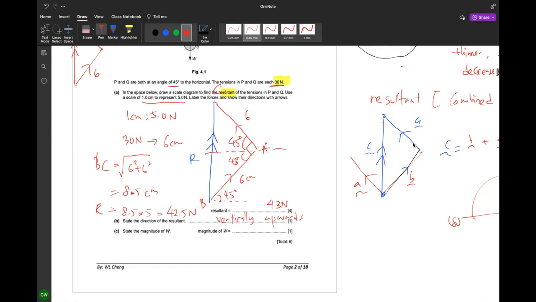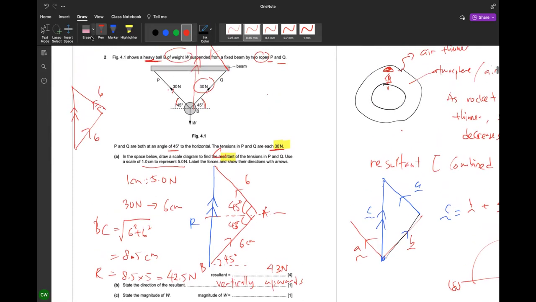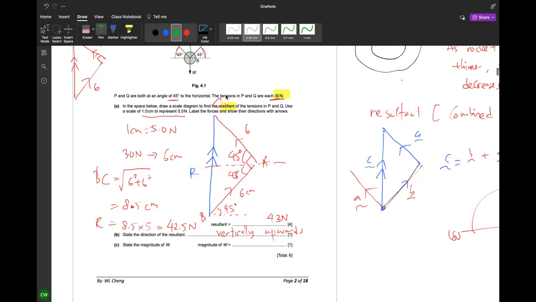Okay. So these two, the resultant force of these two. These two combined, the resultant force is up. But now the whole thing is in equilibrium, not moving.